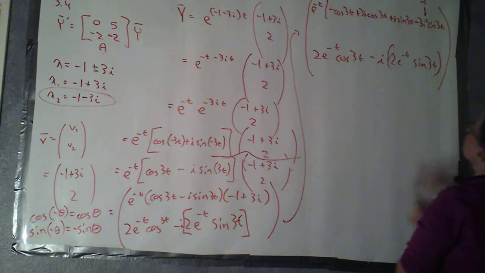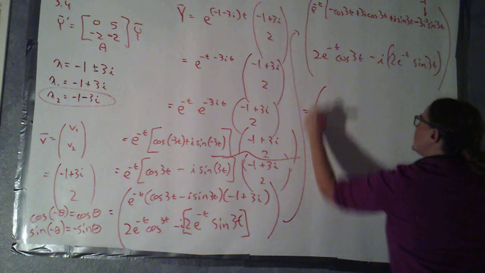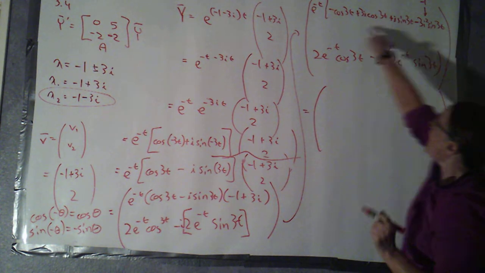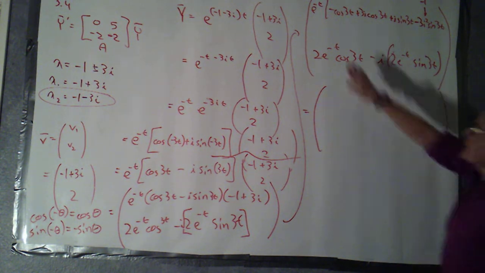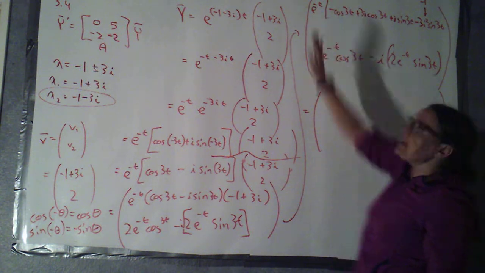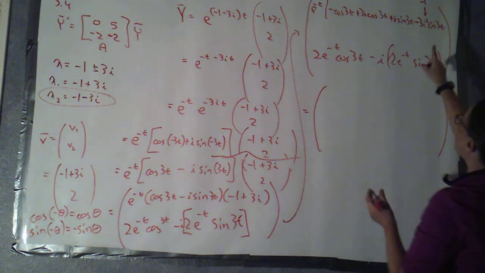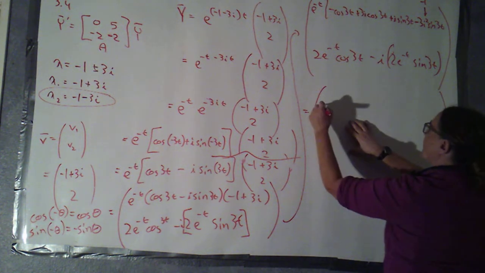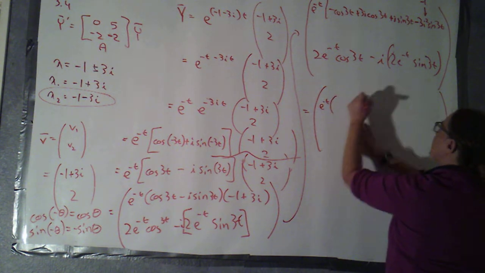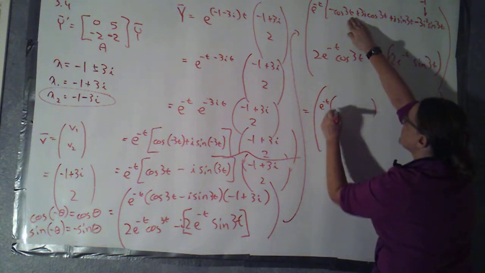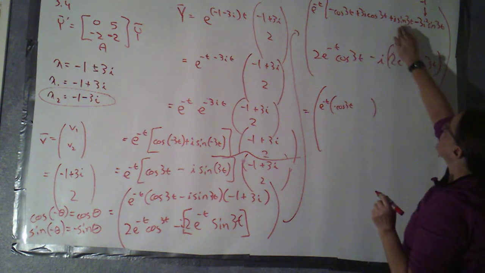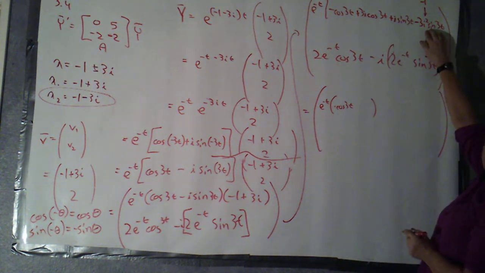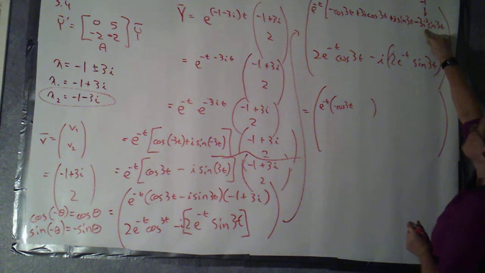Okay. So what I'm going to do is split the top up into its real and its imaginary parts. I'm going to distribute the e to the negative t, but consolidate my real and my imaginary parts. So I've got e to the negative t times what's real, so negative cosine 3t. That's imaginary, but this becomes real because that i squared was a negative 1.